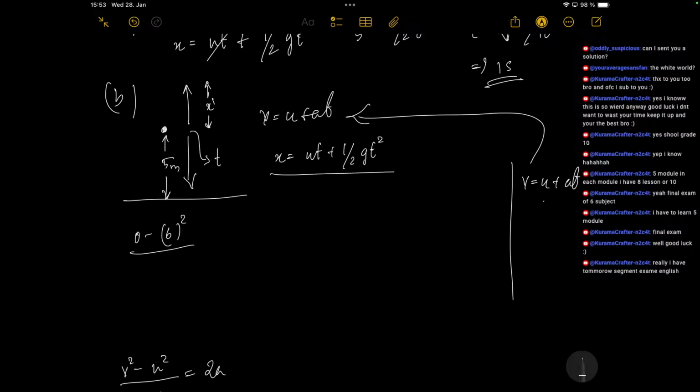That is the only one I know. Okay, we're starting with 6T. That x should be 5. That's displacement.